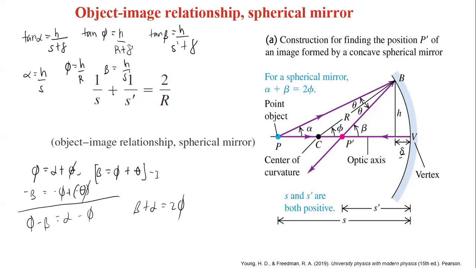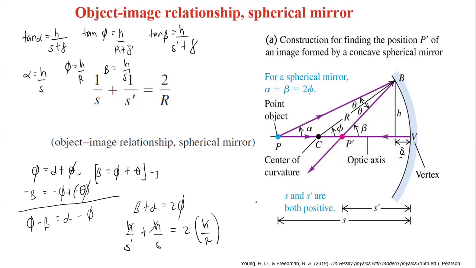So therefore we can equate this: beta, h over s prime, plus alpha, h over s, is equal to 2 times h over r. So we can cancel h.